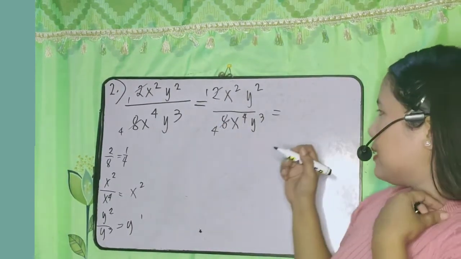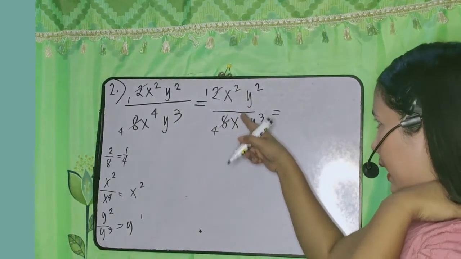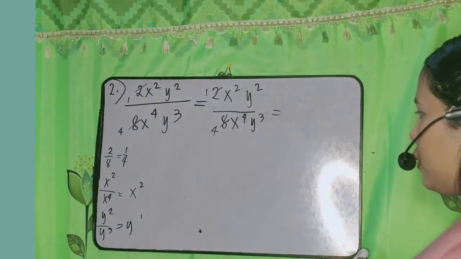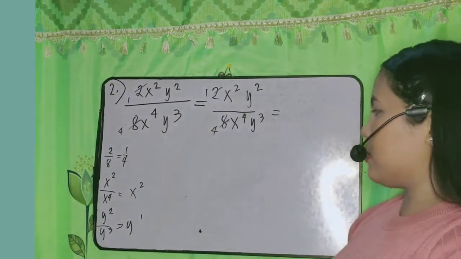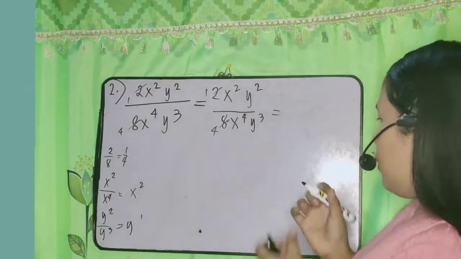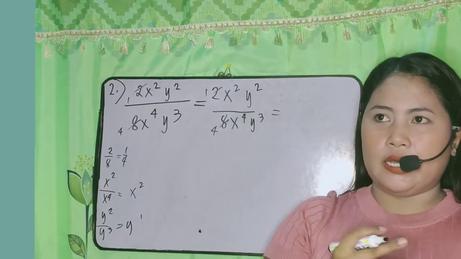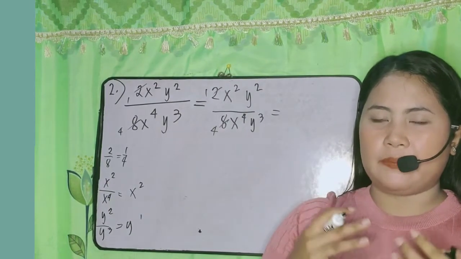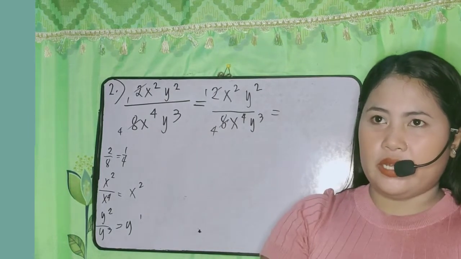And then here, x squared minus x raised to 4, so the result will be x cubed. Okay, x squared rather. So, nothing is left for y in the numerator. So, that's not allowed. There should not be zero, in both the numerator and the denominator.